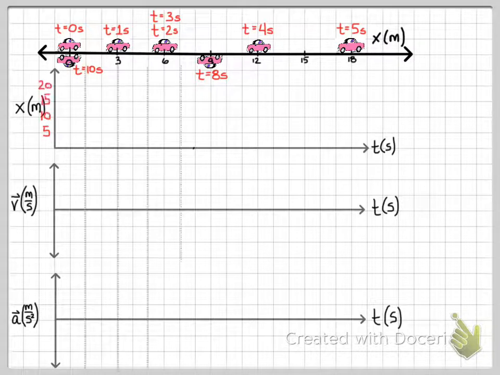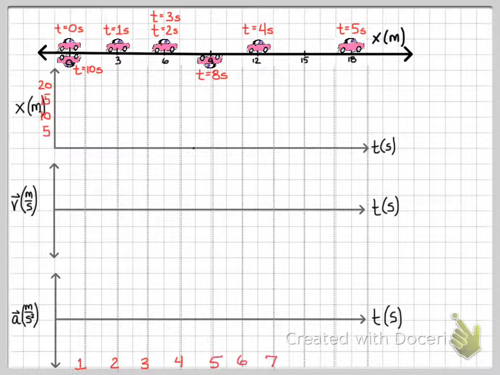Okay, let's go ahead and label our position graph as well as draw in those common time points. You can see I've labeled with vertical lines time 1 through 10. Let's start plotting the position on our position graph. We know that at time 0, it starts at 0 meters away, so we can plot that.